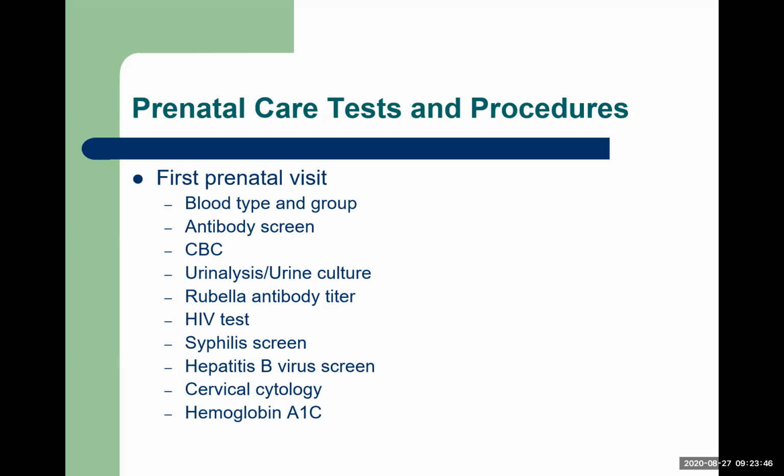As we know, in pregnancy there's an increased risk for urine infections, and for asymptomatic bacteriuria to ascend and create a problem with kidney infections.